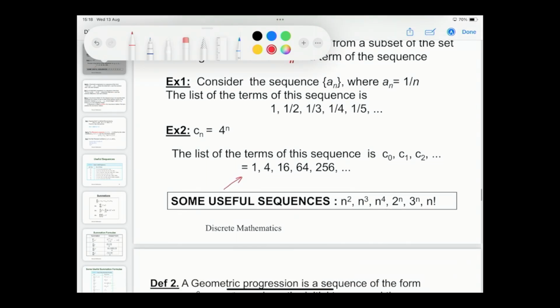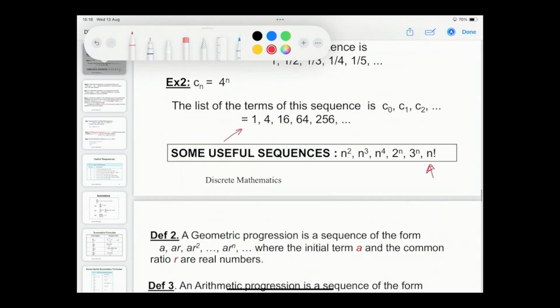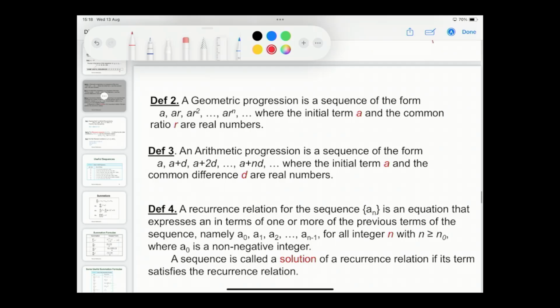The well-known sequences are here: n squared, n cubed, and so on, 2 to the power of n, factorial. There are two main sequences that we know, right? One is called the arithmetic sequence. The other one is a geometric sequence.